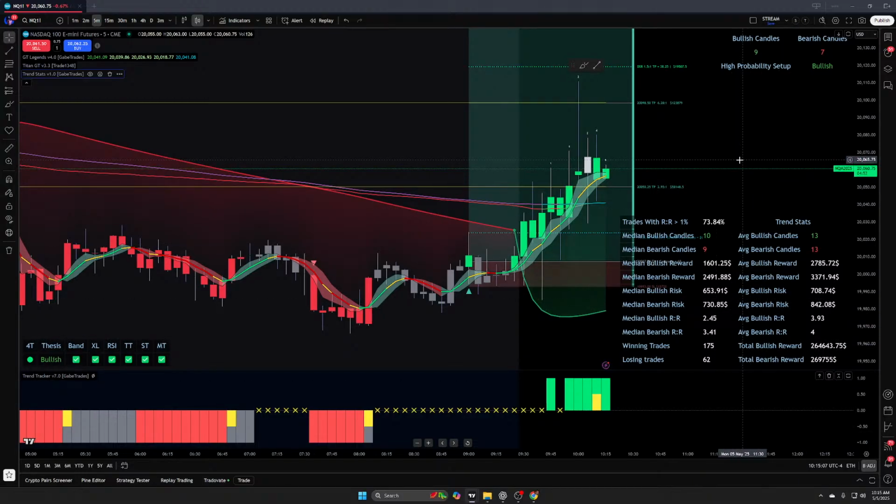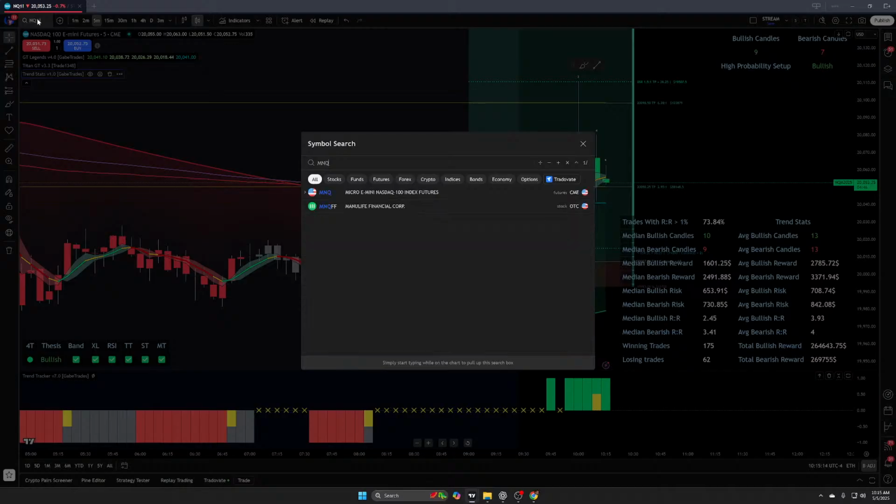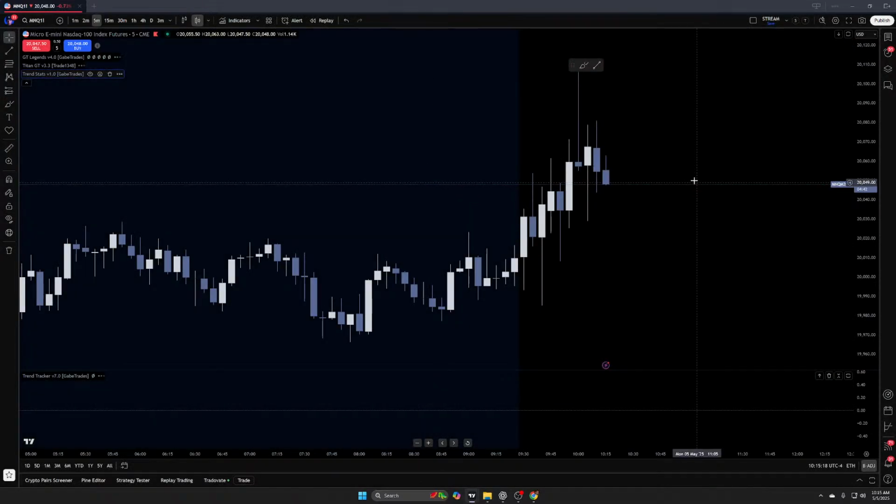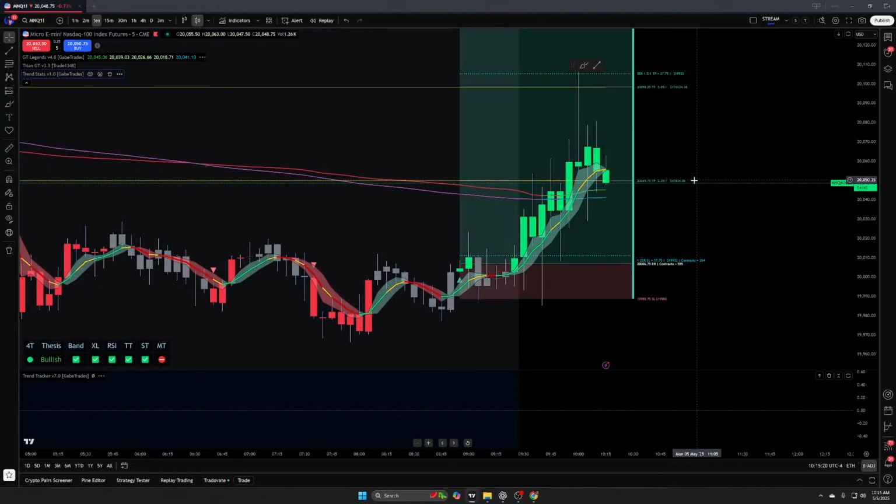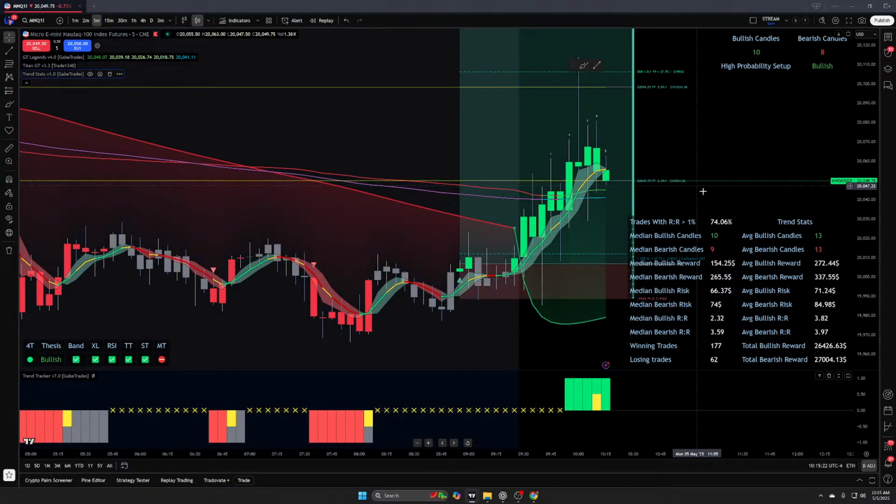So we can assume that with MNQ it's pretty much the same except a tenth of it, because it's a tenth of the size. So $26,426 on the bullish side and $27,004 on the bearish side, winning 74% of the trades.